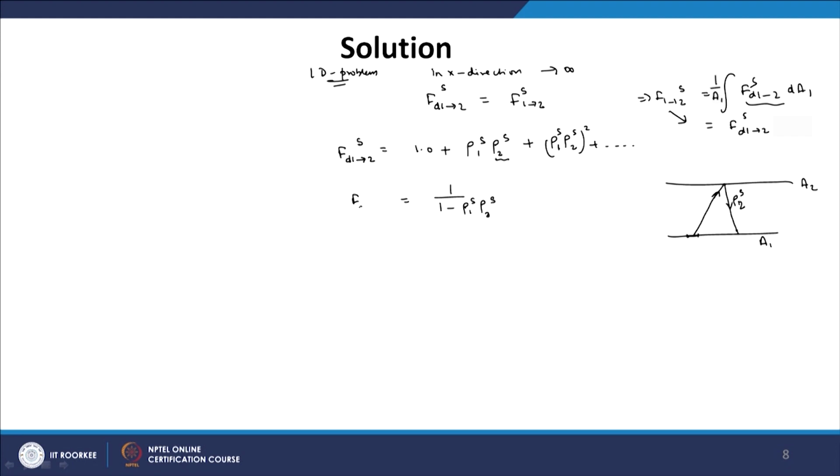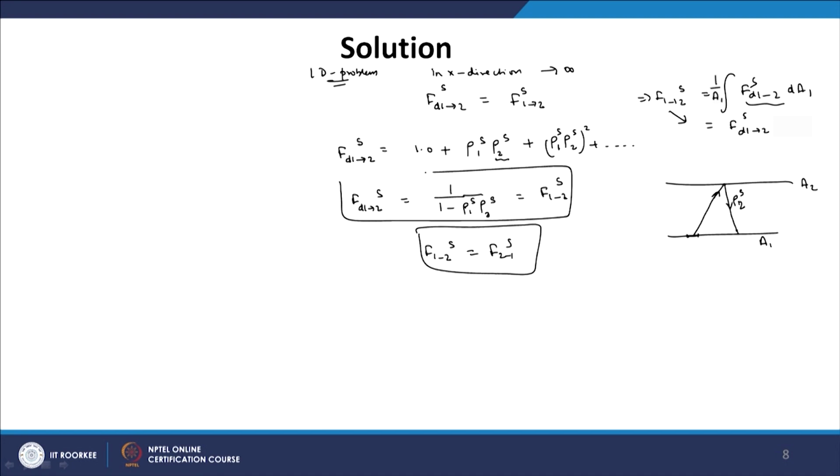So, F d1 to 2 specular is simply equal to this value, and this is equal to F1 to 2 specular. Also because of symmetry, F1 to 2 specular is equal to F2 to 1 specular. So, all these view factors are basically the same.